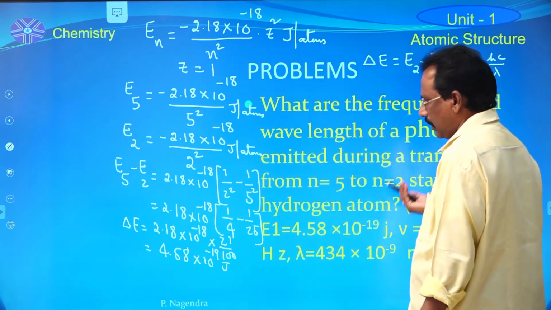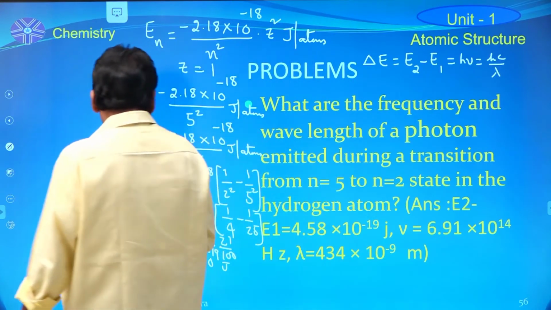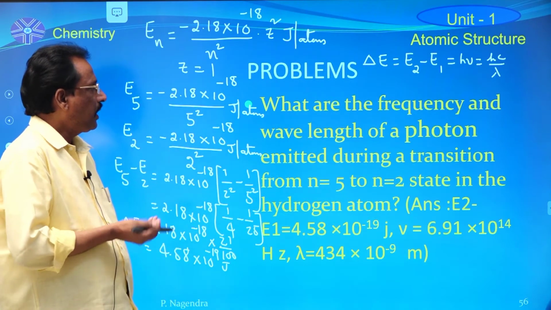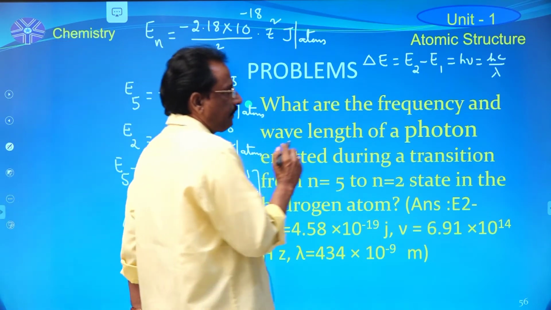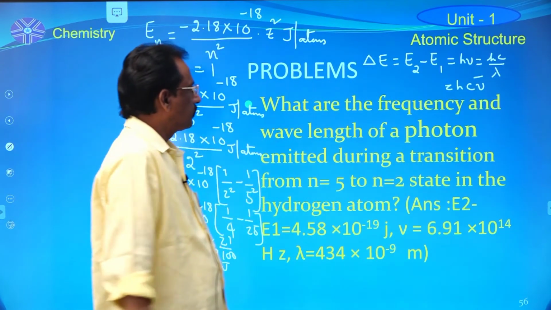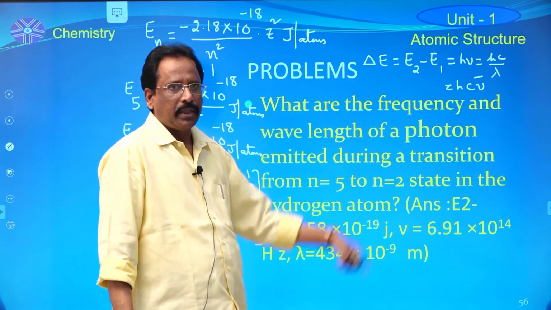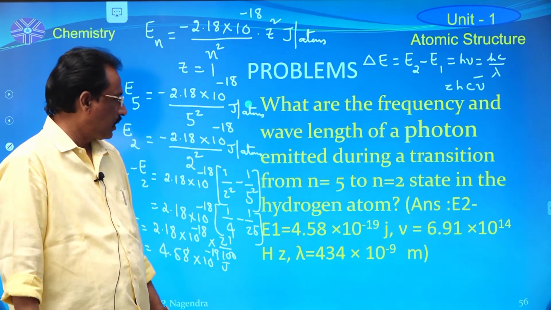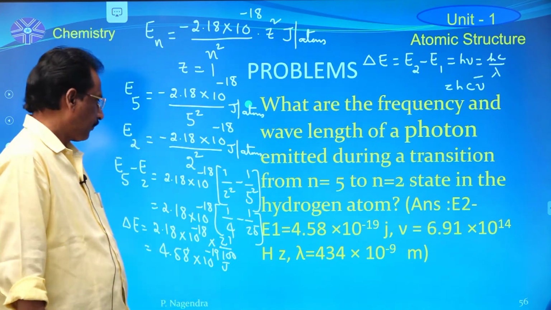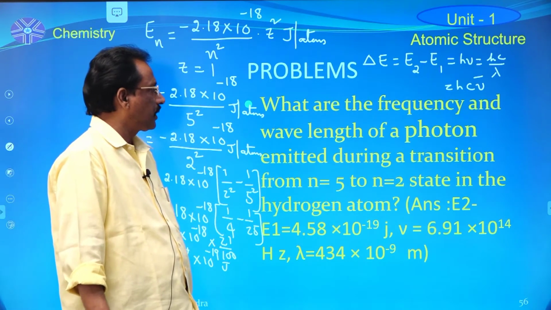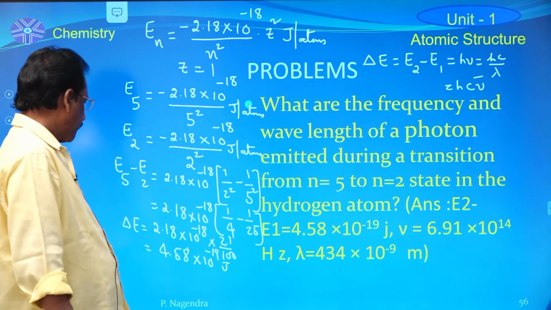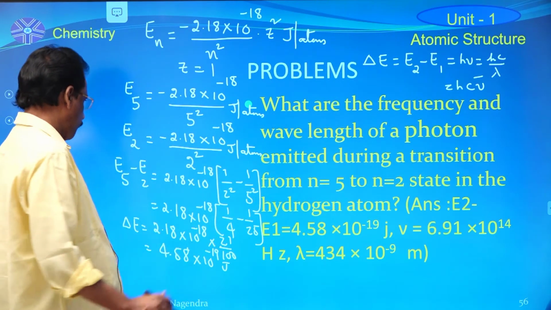According to Planck's quantum theory, the change in energy is always equal to h nu or hc by lambda or hc nu bar. This is a very important formula based on Planck's quantum theory of radiation. So first find the change in energy by applying the E5 minus E2 relationship. From this, delta E is equal to h nu.